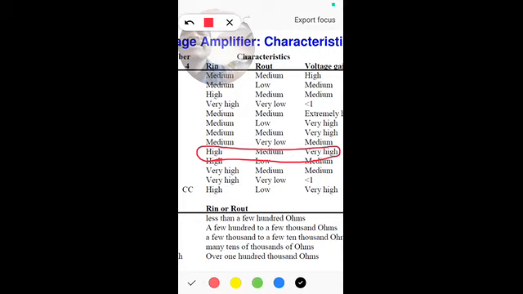So with this configuration, CC, CE and CE, the CC configuration is going to provide very high input impedance, and the later two CE stages provide moderate output impedance, so R0 is medium.